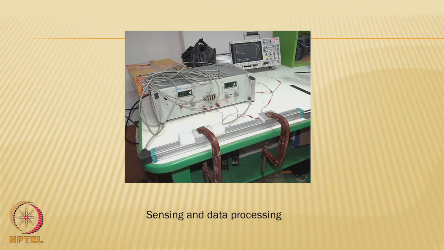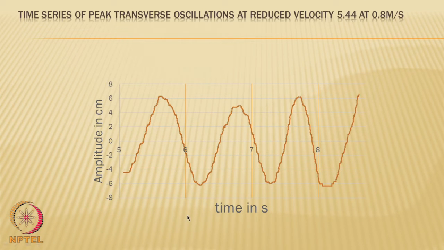The equipment used, the oscilloscope and the data recorder used for sensing and data processing, is shown on the screen now. The screen now shows the time series or time history in seconds of the peak transverse oscillation, which is now recorded at reduced velocity 5.44 at 0.8 meter per second.